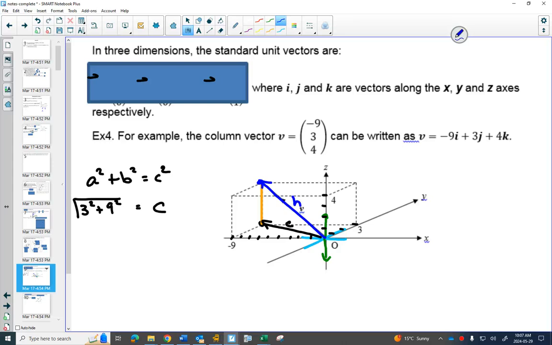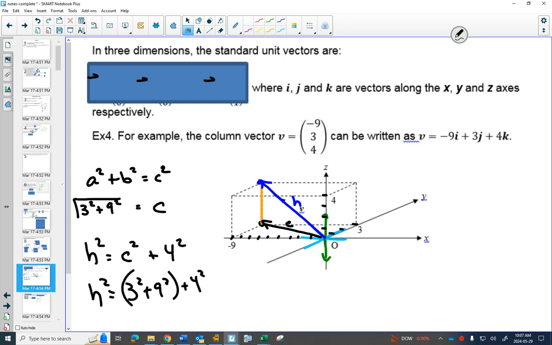Let's call this H. Do you see that H squared would equal C squared plus the orange, which is 4 squared? What's C squared? Well, H squared is now 3 squared plus 9 squared plus 4 squared.